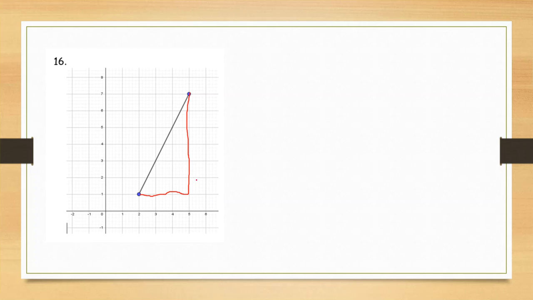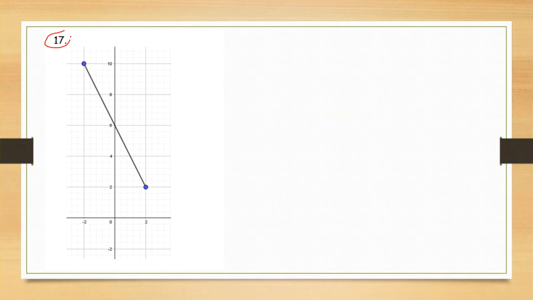And how far does it rise? 1, 2, 3, 4, 5, 6. And how far does it run? 3. So the gradient, the rise over run, is 6 over 3. And like we did in the revision, we need to simplify the fraction. So the slope of this line is 2.